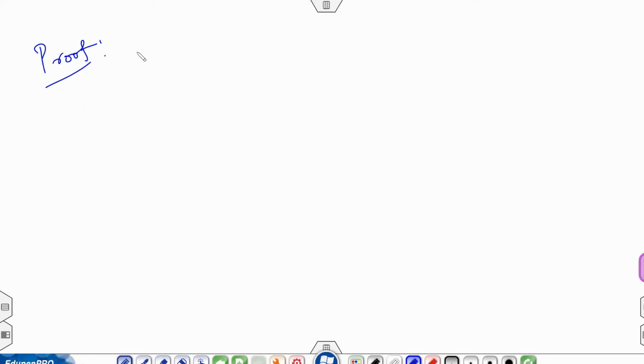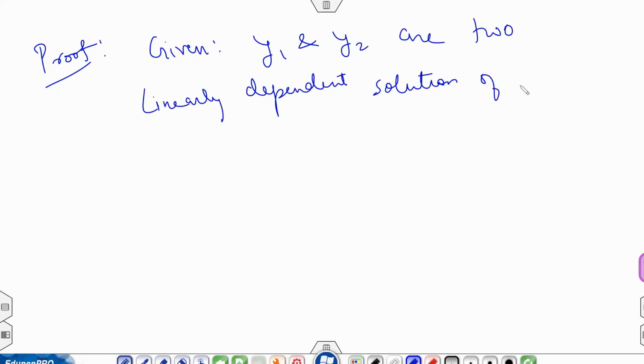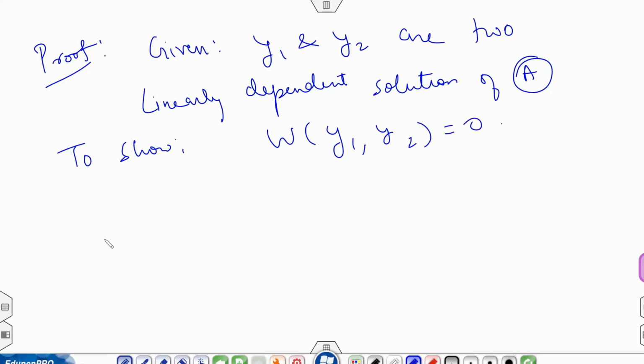For the first case, we are given that y1 and y2 are two linearly dependent solutions of the homogeneous differential equation of second order, which I'll call A, and we need to show that the Wronskian is equal to 0. Now you know that the Wronskian of y1 and y2 is equal to this, and we have to show somehow that this will be equal to 0.